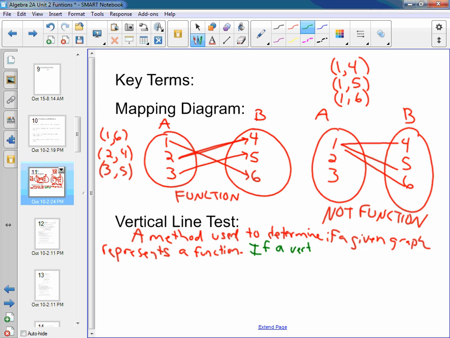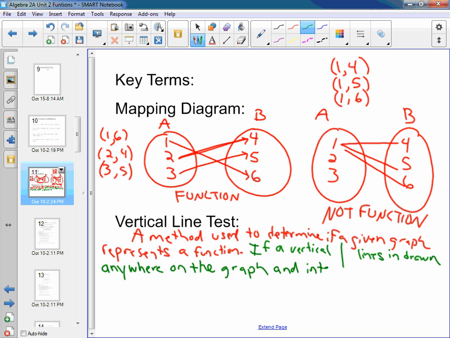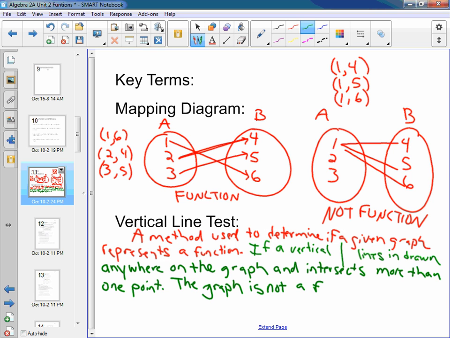If a vertical, that's up and down like this, line is drawn anywhere on the graph and intersects more than one point, the graph is not a function.